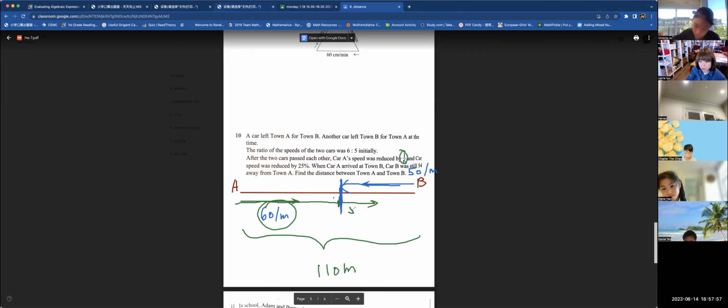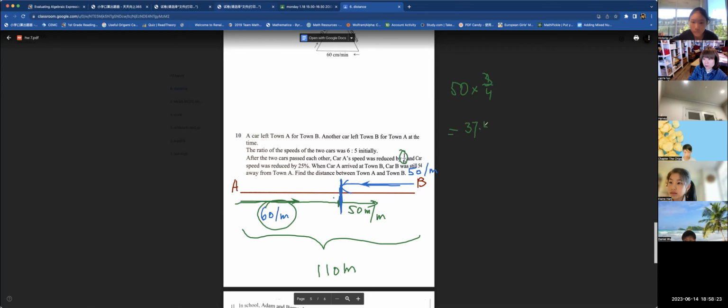And car B's speed was reduced by 25%. It was originally 50, reduced by 1/4, so what remains? 3/4, right? So the answer is 37.5.